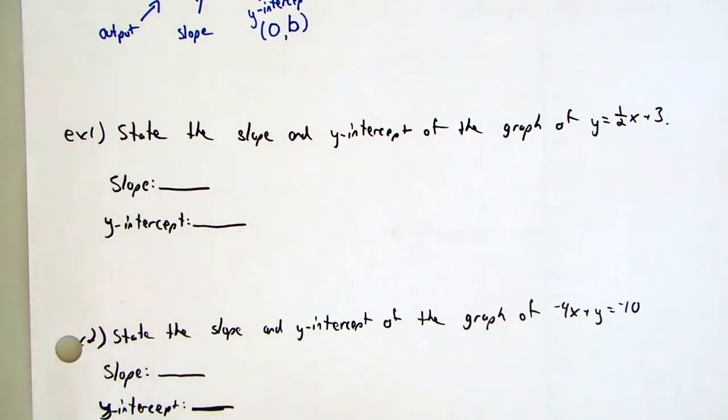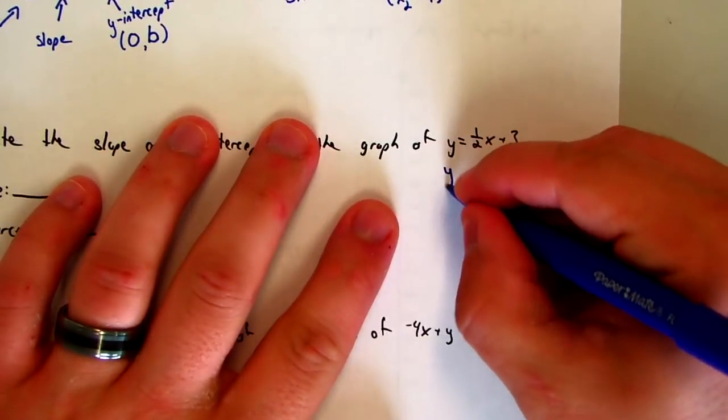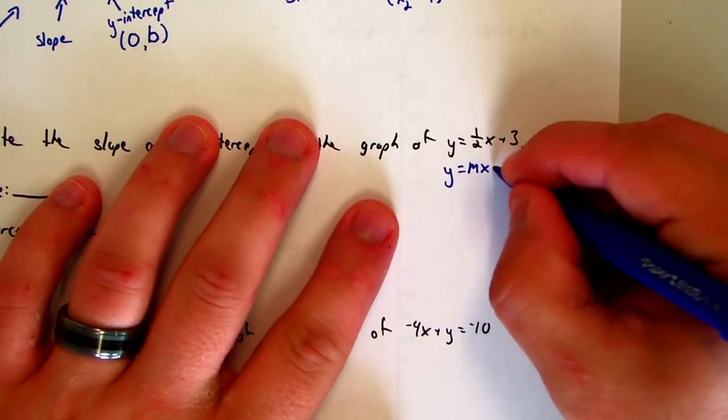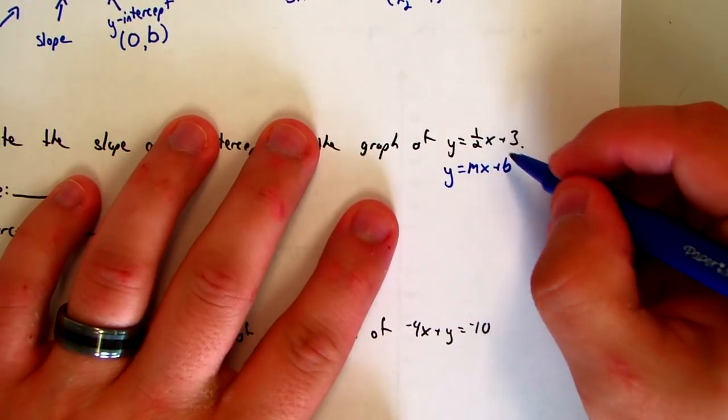Example 1 says, state the slope and y-intercept of the graph of y equals 1/2 x plus 3. Remember, the slope-intercept equation is y equals mx plus b, where m is the slope and b is the intercept.